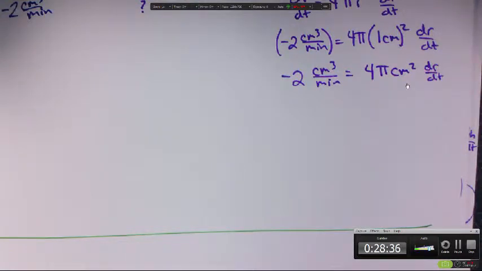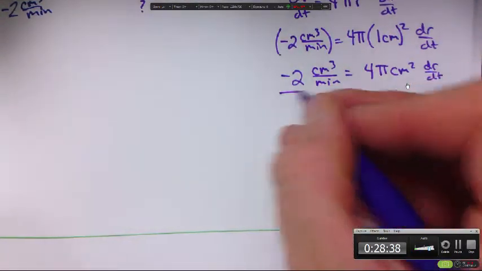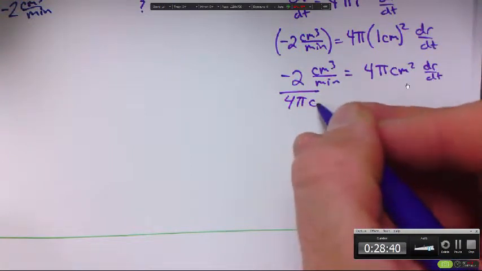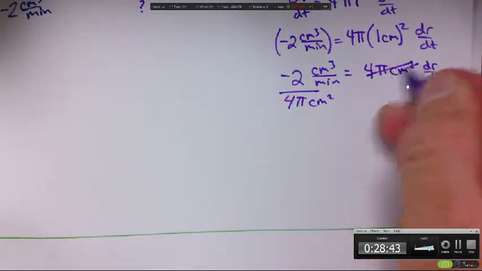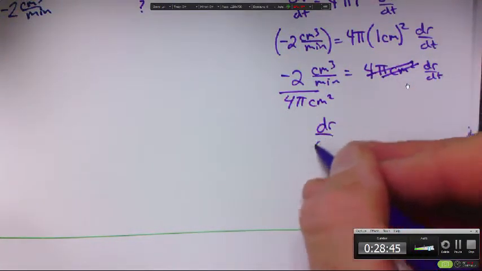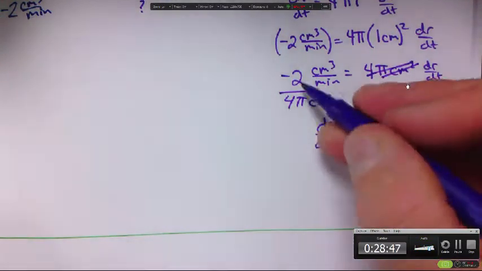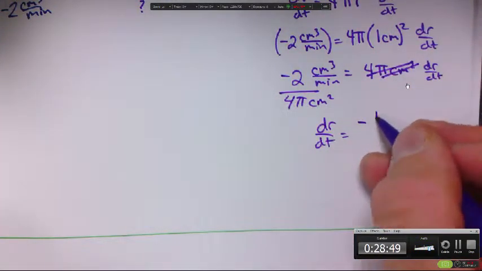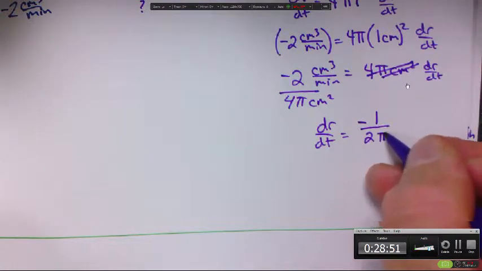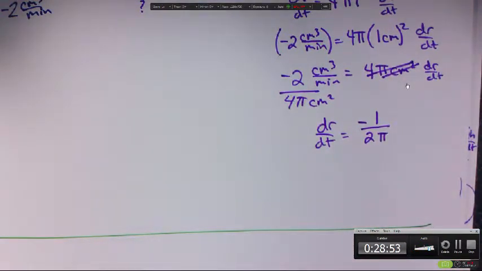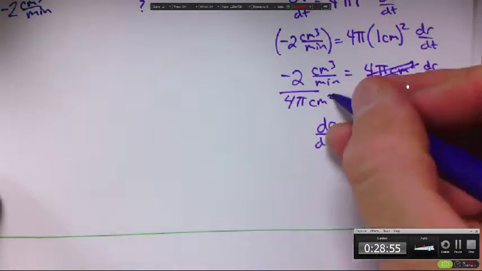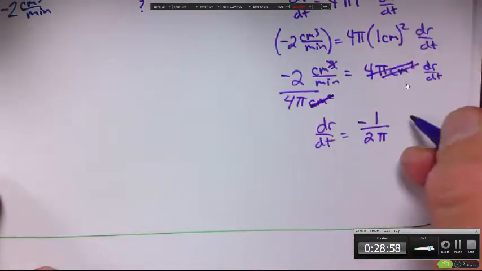This can be solved by just dividing the 4 pi centimeters squared over. And we get dr/dt. -2 over 4 pi becomes -1 over 2 pi. The centimeters cubed and the centimeters squared reduces down to just centimeters per minute.